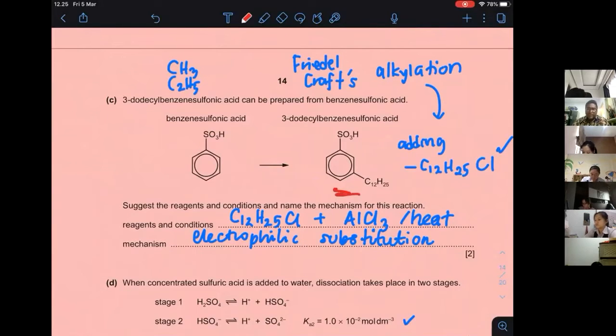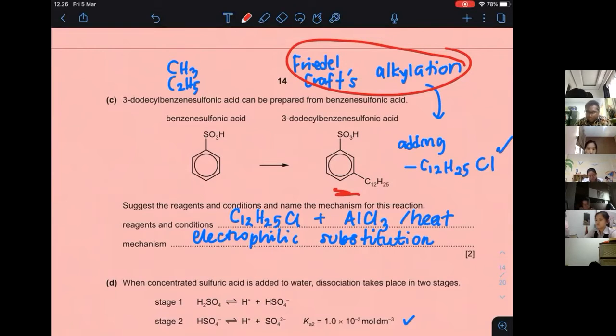Now, the next question is, if you have this compound, suddenly the C12H25 is added to the ring. The moment it's added to the ring, you know that it's going to be alkylation. So, reagents and conditions. For alkylation, this is not an acyl chloride, you need to have the halogenoalkane. Generally maybe we can use the Cl.